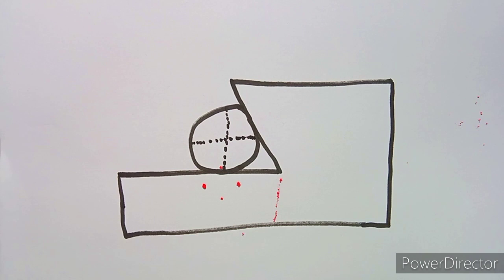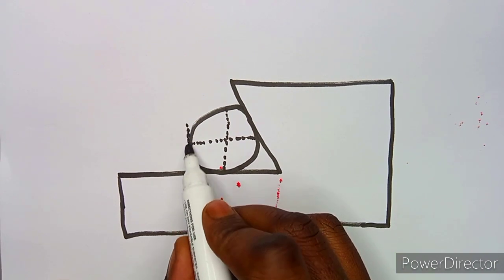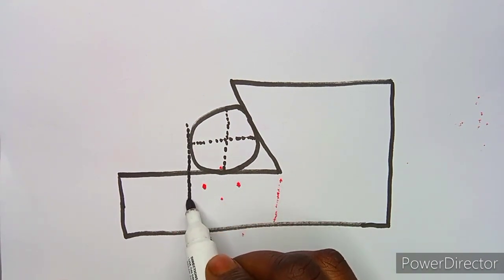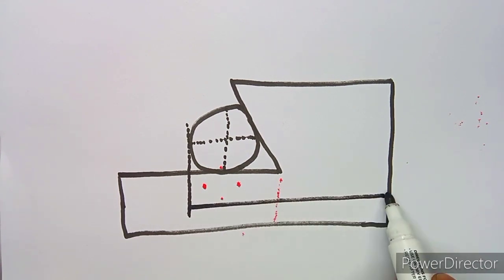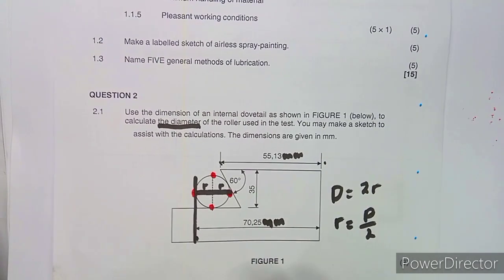Okay, this is my sketch here. Let me name some points so that I won't confuse you. From this point to this point is the one that we are given, which is 70.25 millimeters.